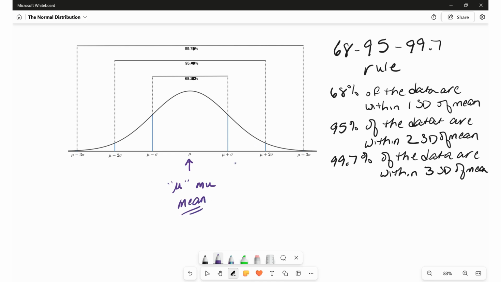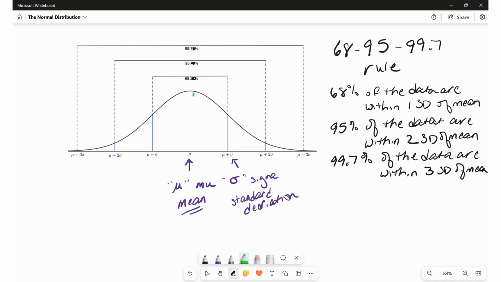And then this kind of looks like an O with a little tail on it. This means sigma, and it means standard deviation.